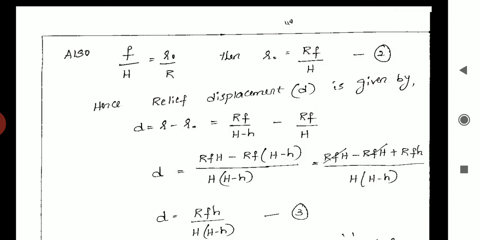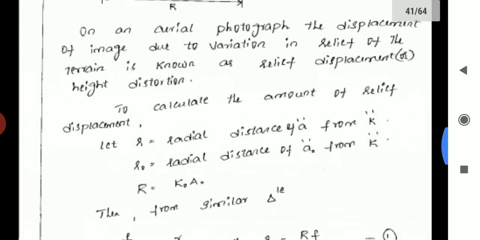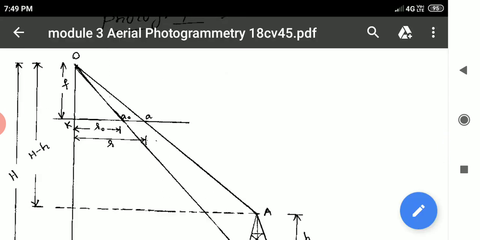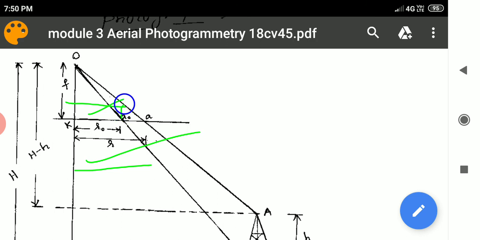So I got r naught. Okay, so relief displacement is small d, r minus r naught. See here, relief distance: r minus r naught. This minus this distance, we will get the relief displacement.